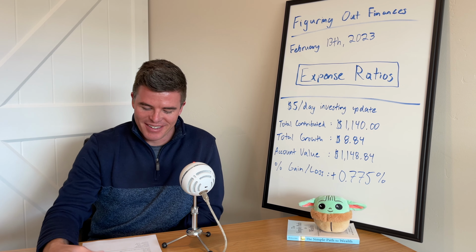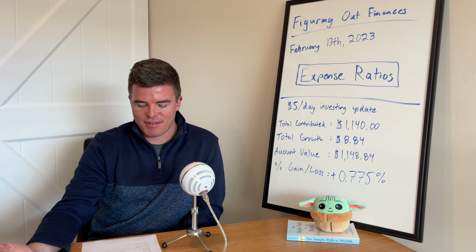So starting out with the VGSTX, which is that Vanguard Star Fund that we've got our $1,000 plus the $5 a day invested in, that has a 0.31% expense ratio, which is relatively low. My wife and I are invested in VSGAX for our Roth IRAs. We like that because it's a target date retirement fund for 2060.